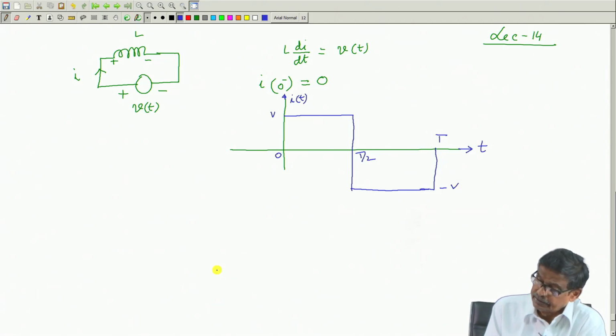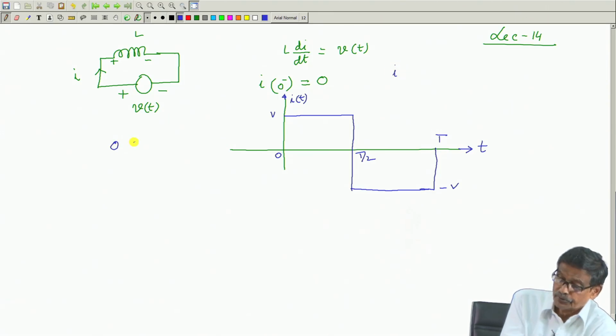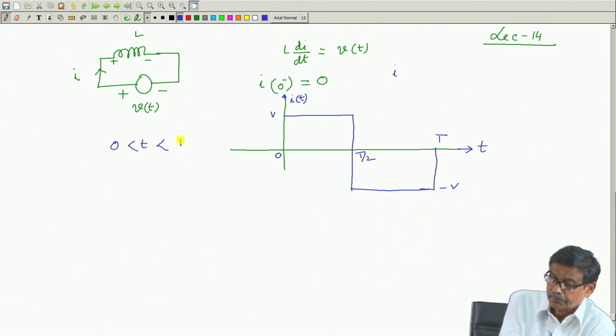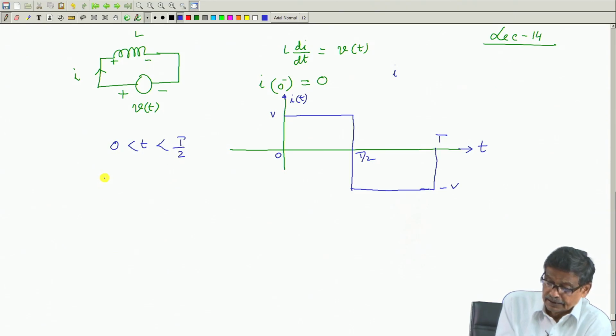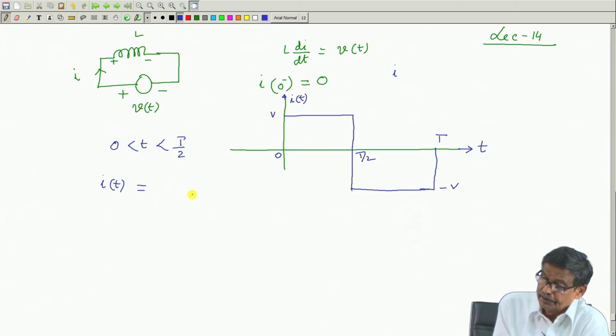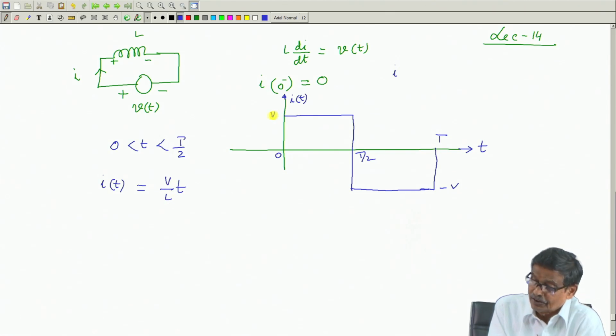Yes, we can tell. Between 0 to T by 2 you have applied a constant voltage. I am not going to solve this circuit. We know that I t between 0 to T by 2, the current of the inductor will be V by L into t straight, because V is a constant level voltage.